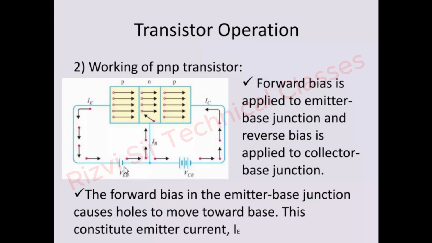Here are the collector current, base current and emitter current. This is the collector and base area, this is the emitter and base area. This is the emitter base junction we are applying forward bias to, and reverse bias is applied to collector base junction.